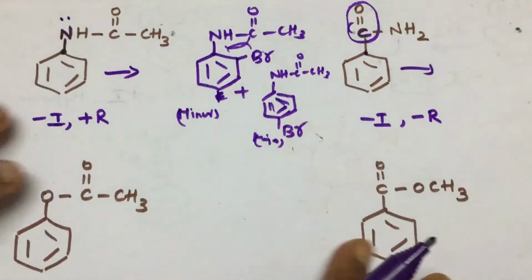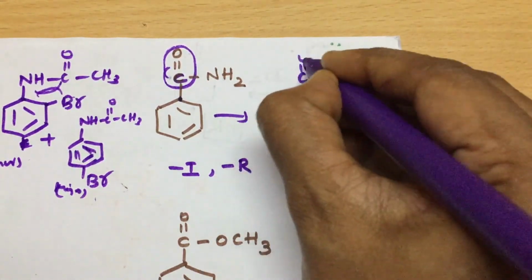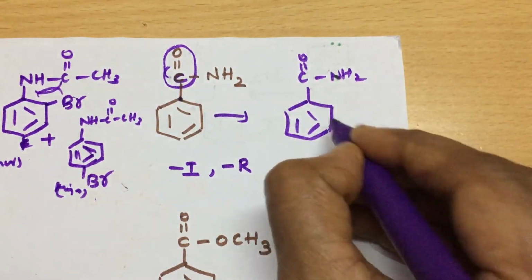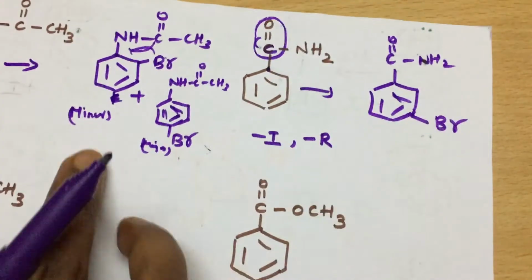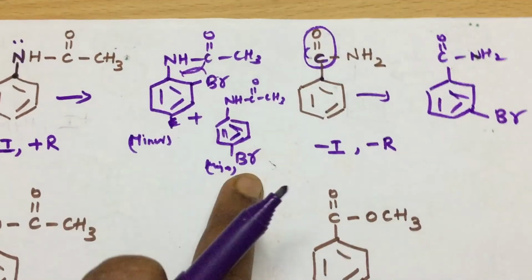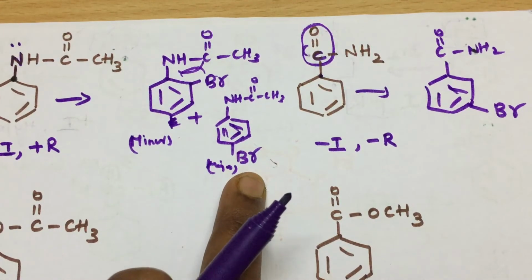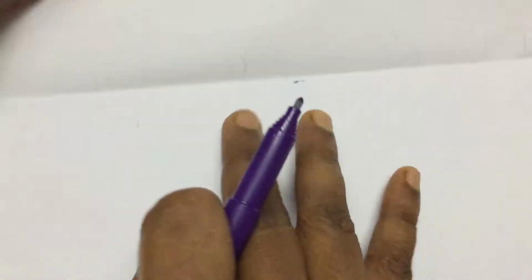Okay, simple logic. So here what happened? This is a meta directing group. So you analyze and you write the product. That's all. This is a meta directing group and this is a para directing group. Okay, so why did you not get the tribromo product here? In aniline you got a tribromo product, right?